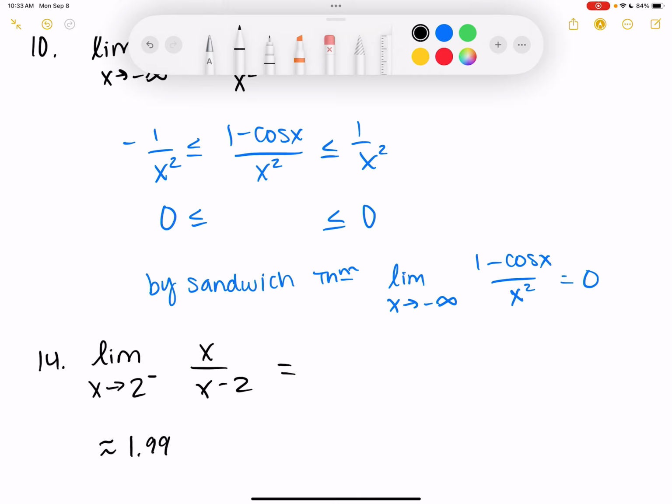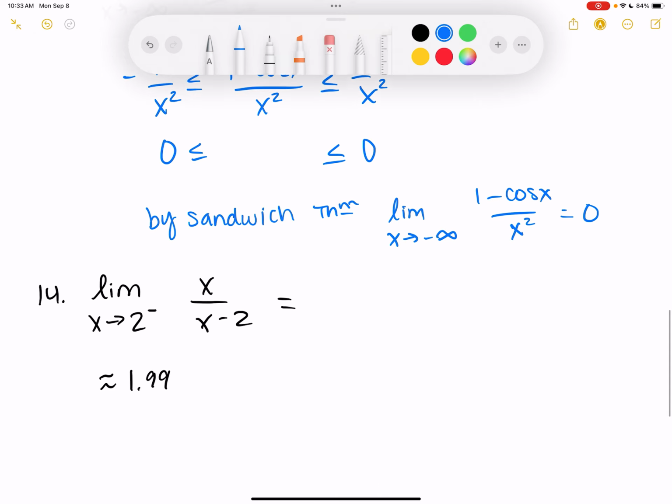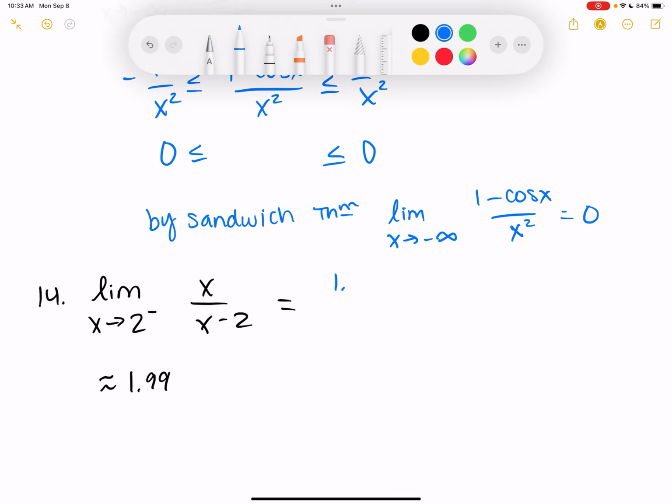So I would take this and essentially plug in 1.99 over 1.99 minus 2. And so on top, I would have 1.99 divided by 0.01. My paper's missing the 0.